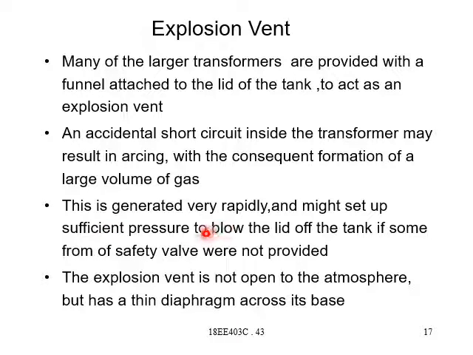This is generated very rapidly and might set up sufficient pressure to blow the liquid out of the tank if some form of safety valve were not provided. That means if there is no explosion vent, these short circuits generate gas very rapidly and might set up sufficient pressure to blow the lid of the tank.